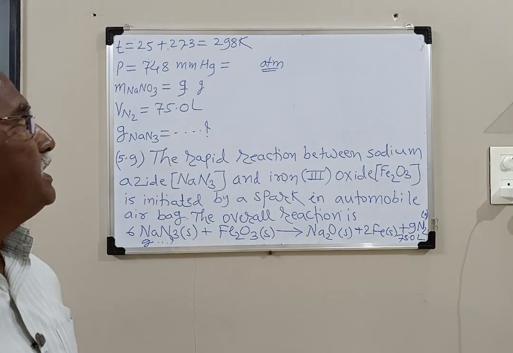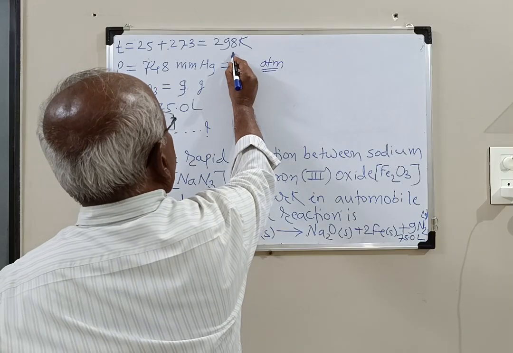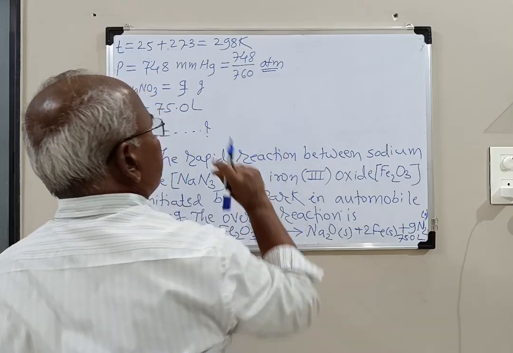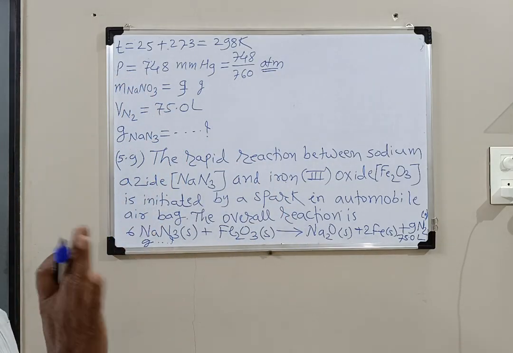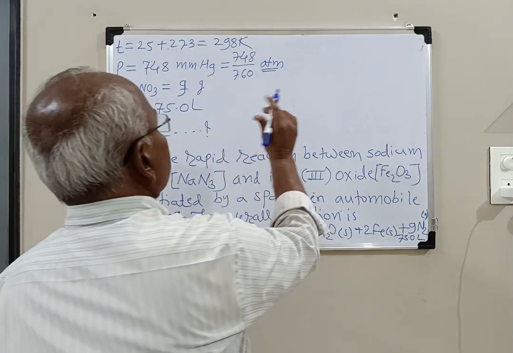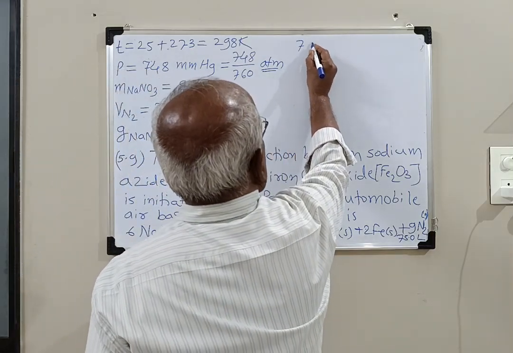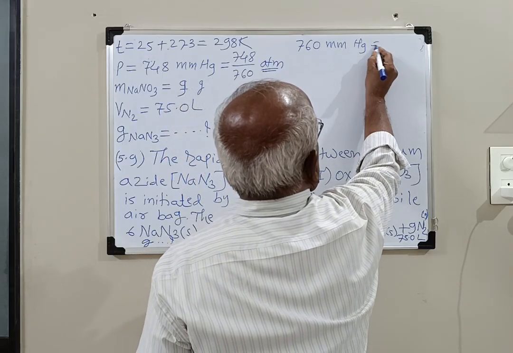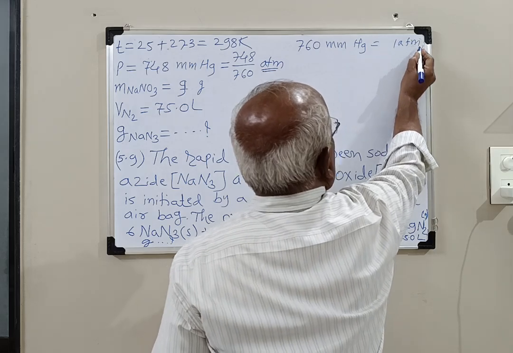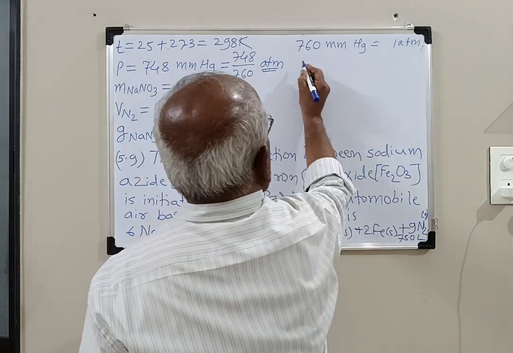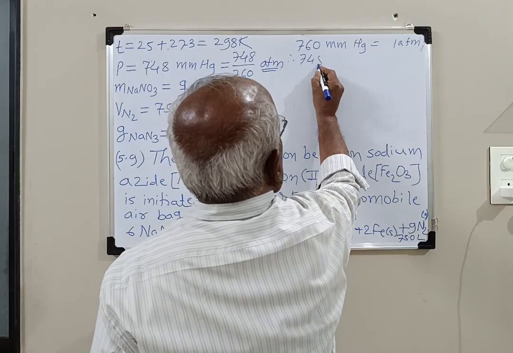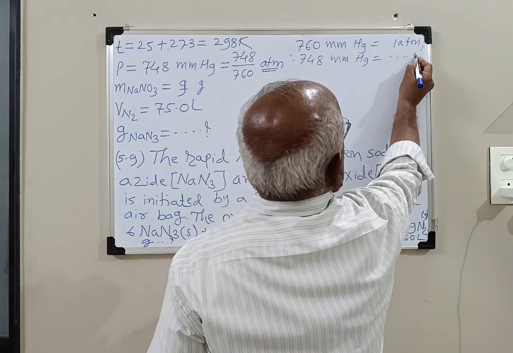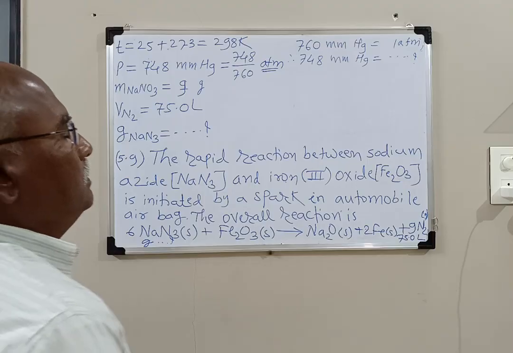The simple formula is 748 divided by 760. If you cannot understand this, you write the relation like this: 760 mmHg is equal to 1 atmosphere. You know this. Therefore, 748 mmHg is equal to how many atmosphere? Solve this.